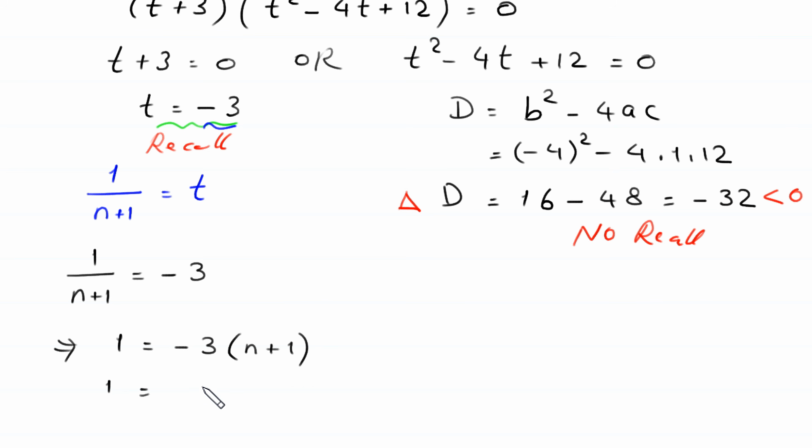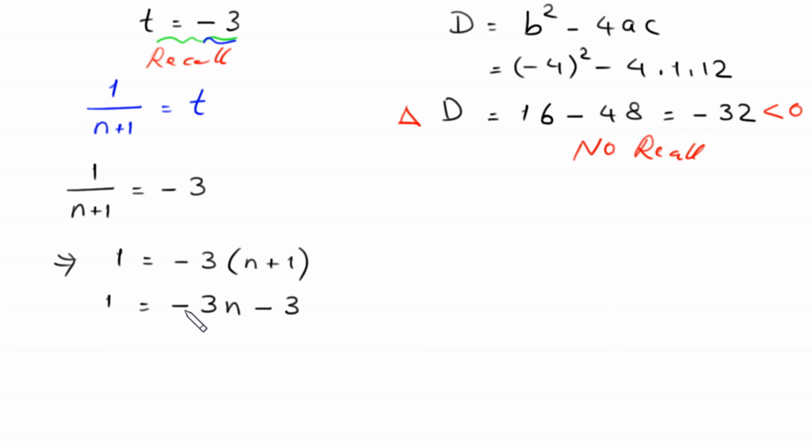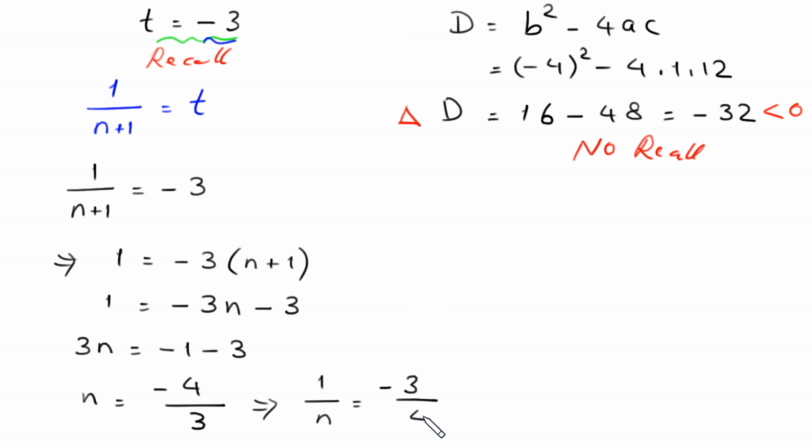And 1 is equal to negative 3 times n, negative 3n, and negative 3 times 1, negative 3. Now we move the negative 3n to the left hand side and the 1 to the right hand side. Then this will become 3 times n is equal to negative 1 minus 3, and n will be equal to negative 4 over 3. Now if we take a reciprocal on both sides, this implies that 1 over n is equal to negative 3 over 4.